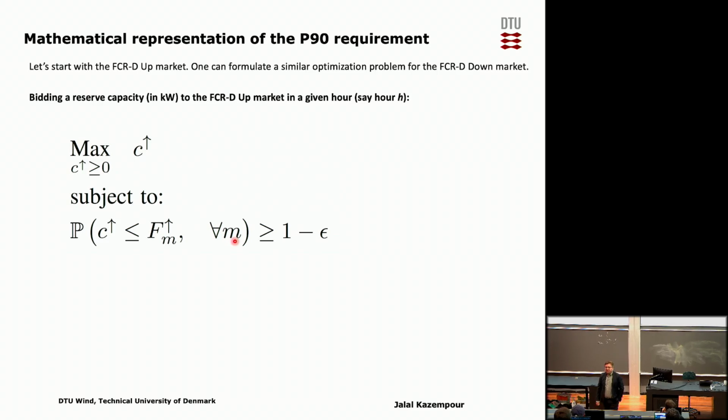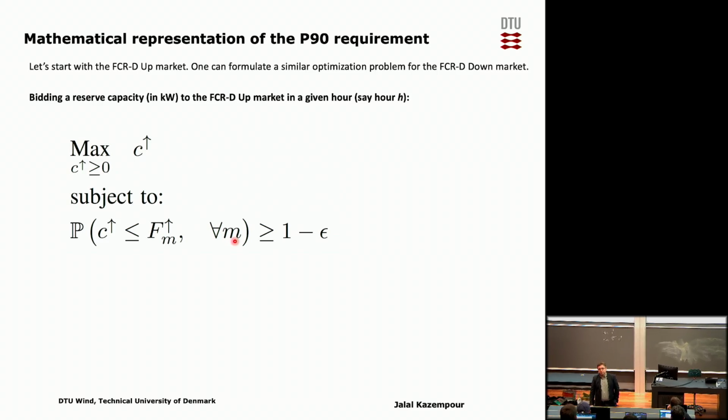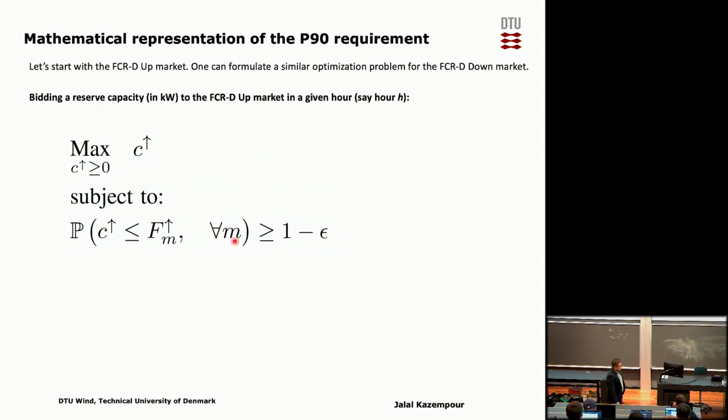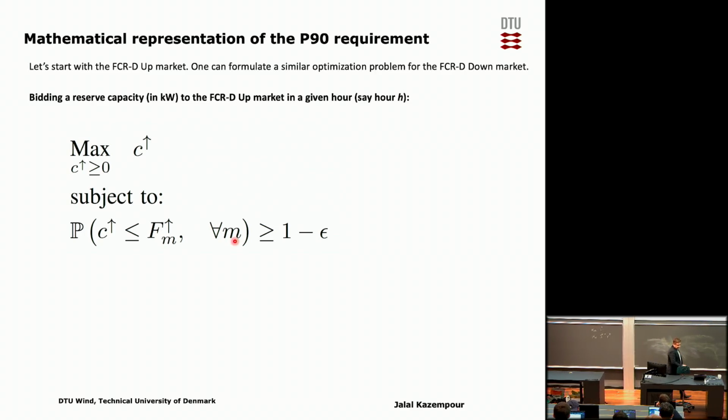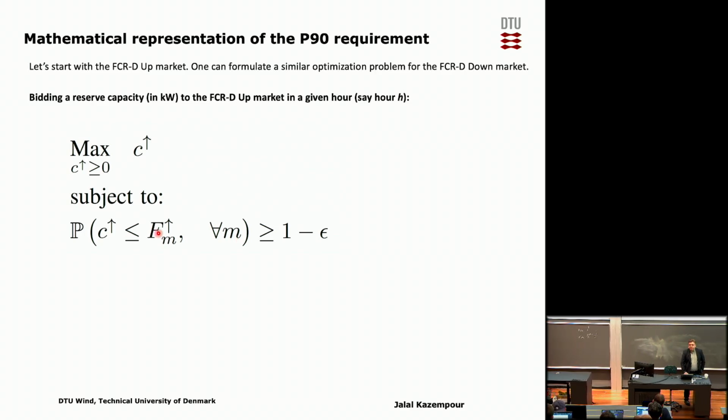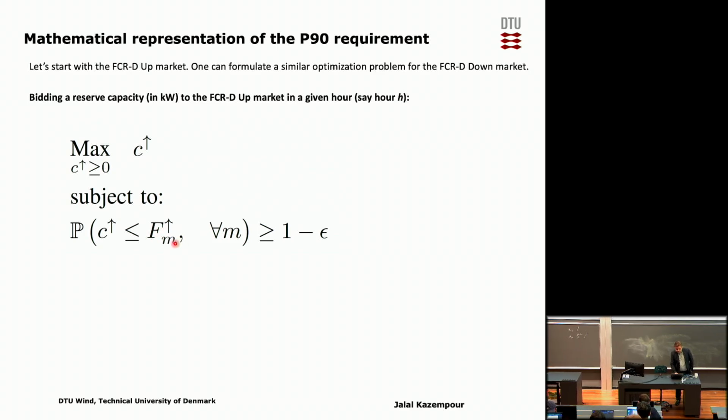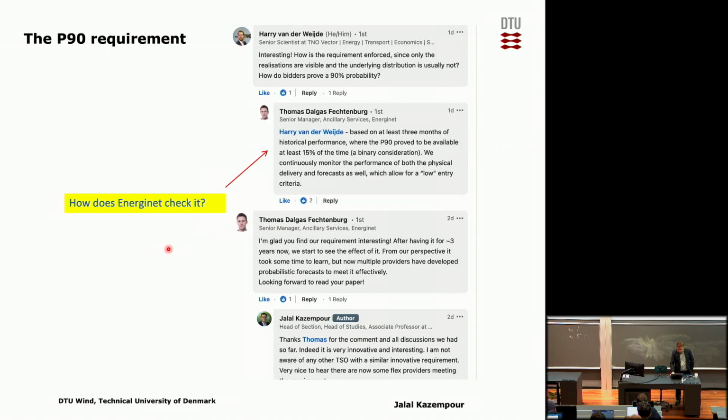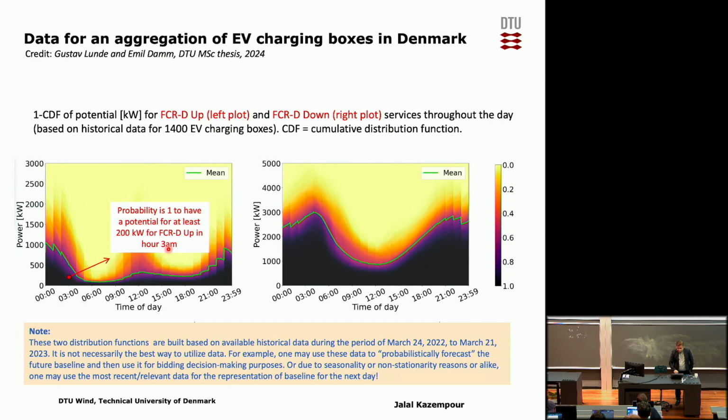If you have second level resolution, use per second. F up M is the available flexibility up in minute M. So it comes from these CDFs. So this is the flexibility up.